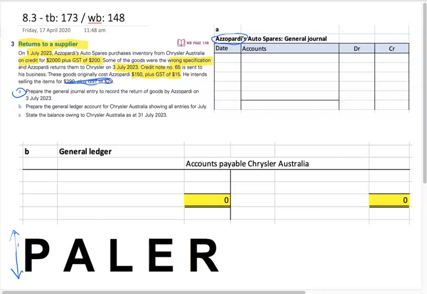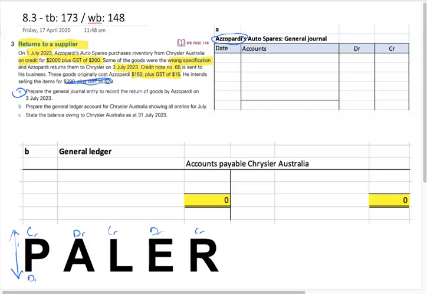And if we understand that an increase of an asset is a debit, and I think that's always the easiest one to remember, but it doesn't matter which one you remember, we then fill in the gaps with a pattern of credit, debit, credit, debit, credit.